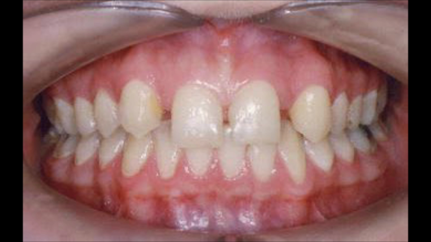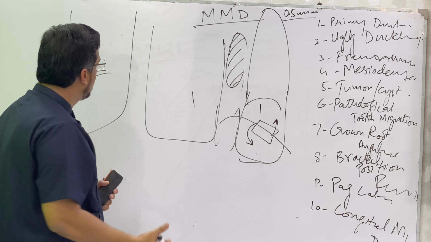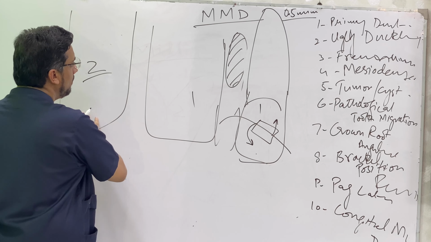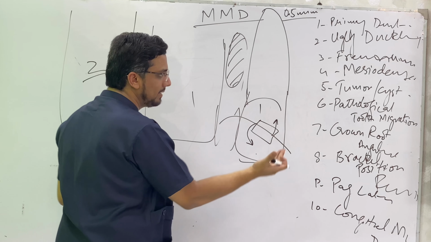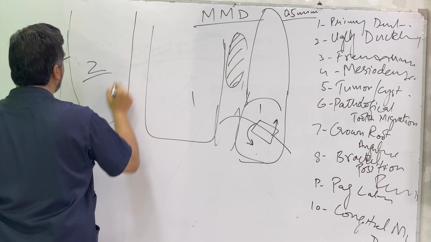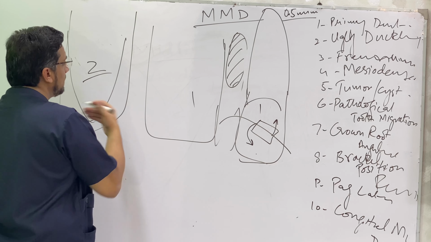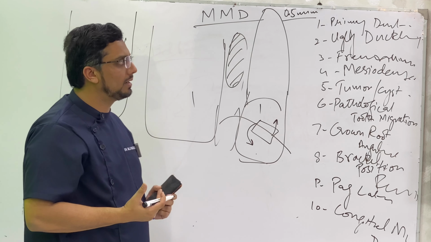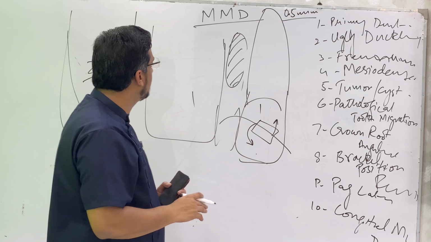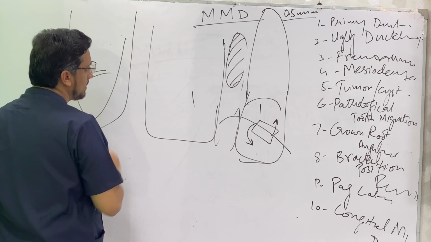Because of hypodontia of the lateral incisors, the central incisors would be distally moved and you would see the diastema between the central incisors. Or if you have morphologically short crowns of the lateral incisors, that condition typically causes a peg lateral phase, and that also causes a gap between the central incisors.